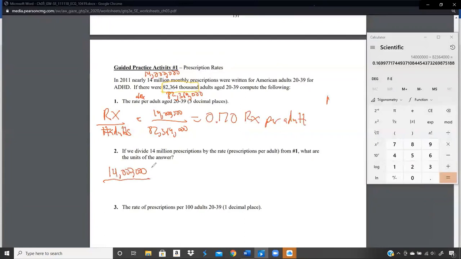So that's 14 million prescriptions. We want to use our units because we're good QR students. And we're going to divide this by 0.17 prescriptions per adult. Now, here's where things get weird.